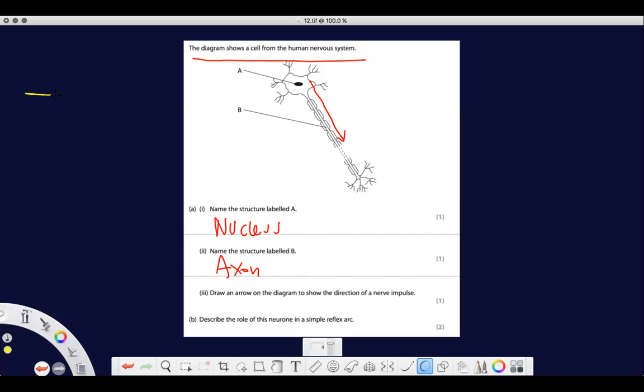It has this kind of shape. This is a sensory neuron.